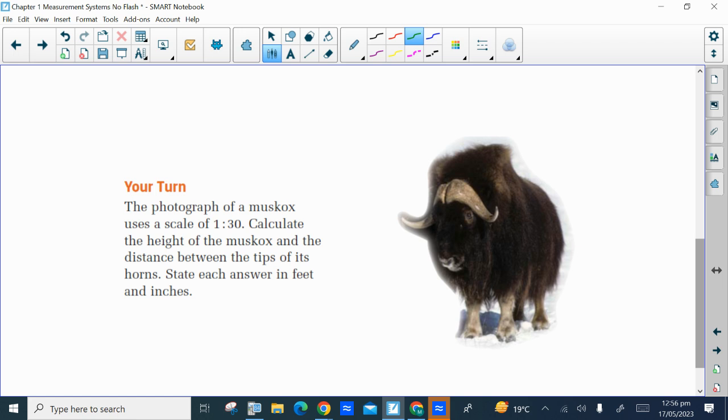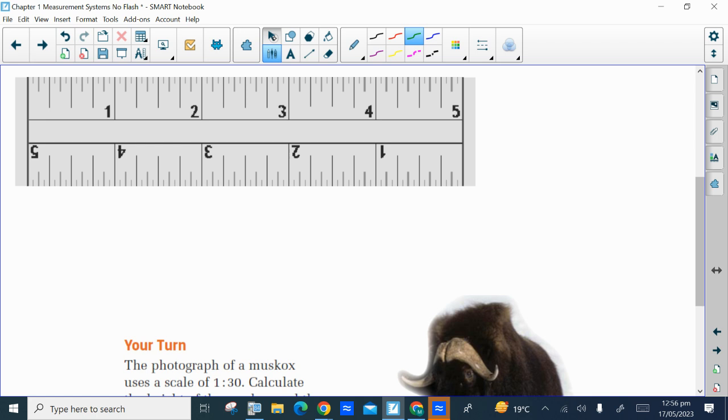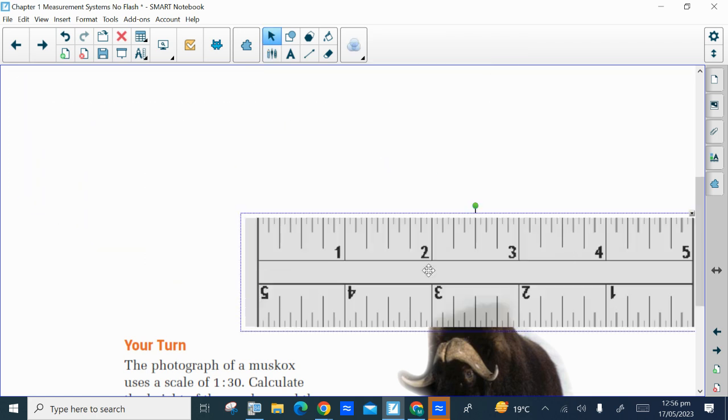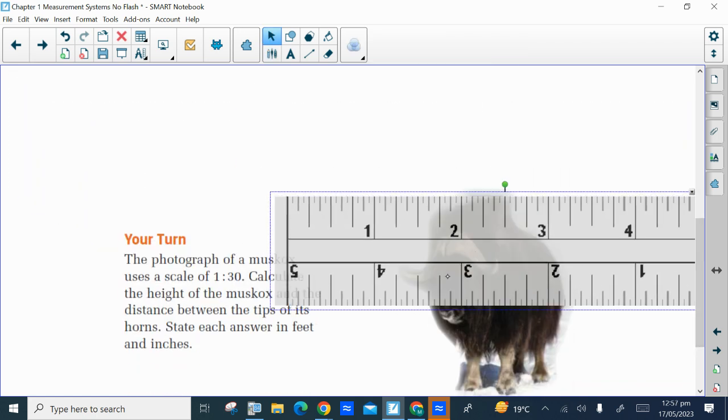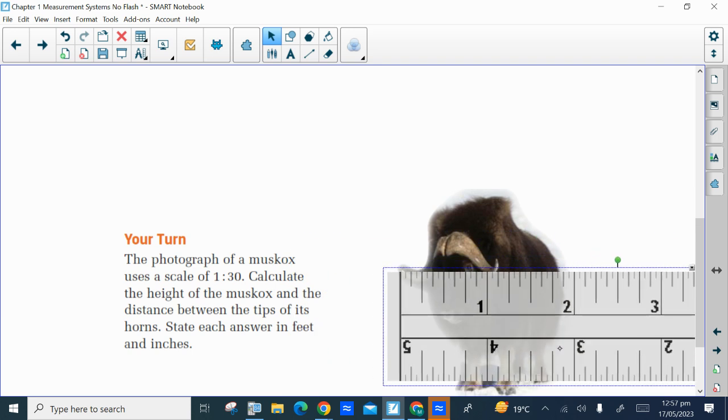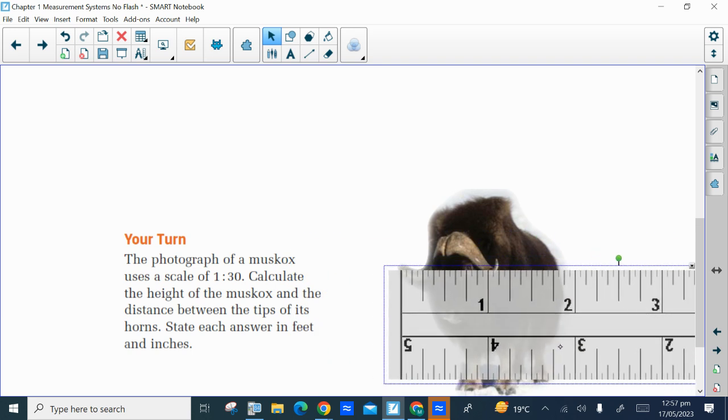So on the next page, the photograph of a muskox uses a scale of 1 to 30. You're asked to calculate the height of the muskox and the distance between the tips of its horns in feet and inches. So we've got a ruler here. Just because of which way the ruler is situated, let's start with finding the distance between the tips of the horn.